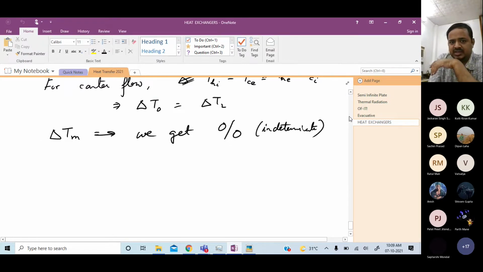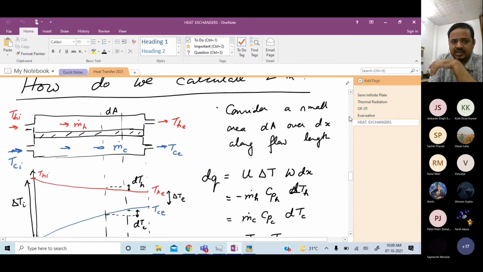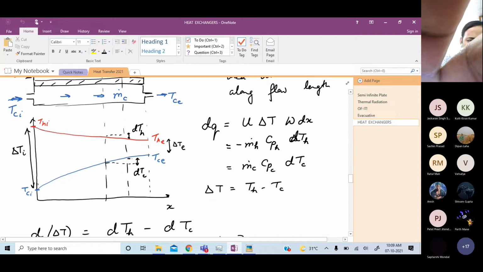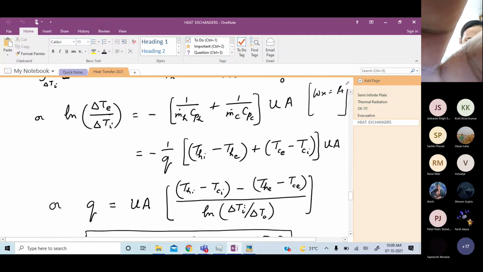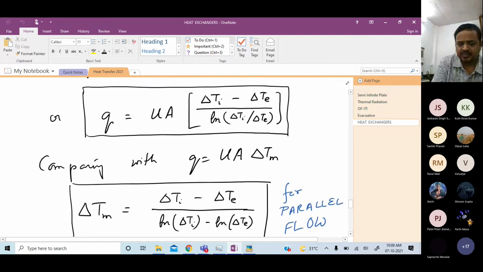In a parallel flow heat exchanger, the hot fluid cools down and the cold fluid heats up. This is how the temperature profile looks along the length, and we derived an expression for the mean temperature difference, which we call the log mean temperature difference, or LMTD, given by this expression.